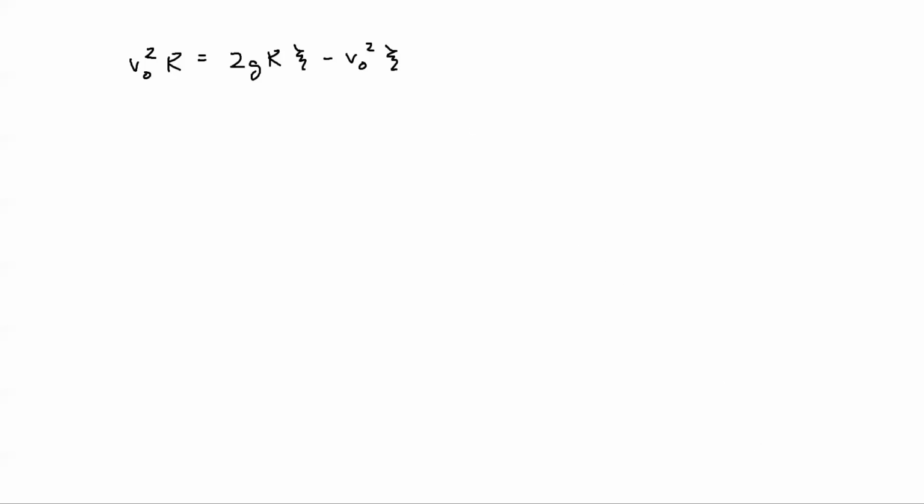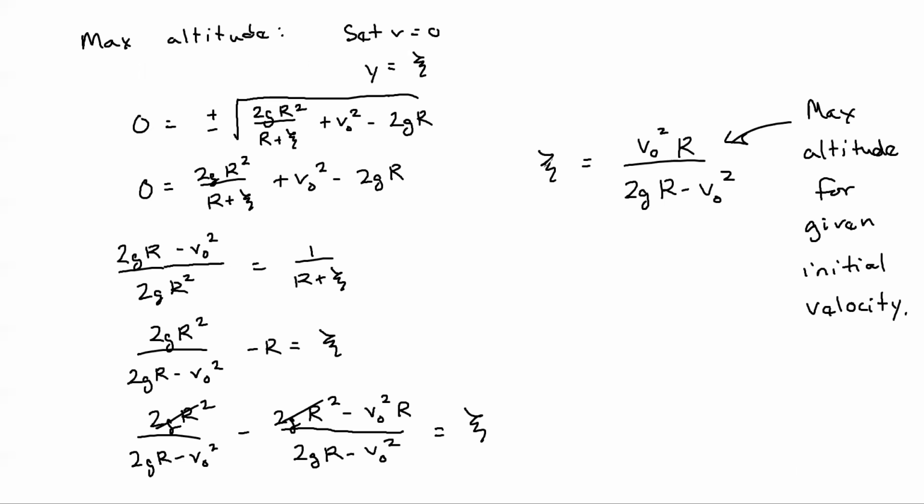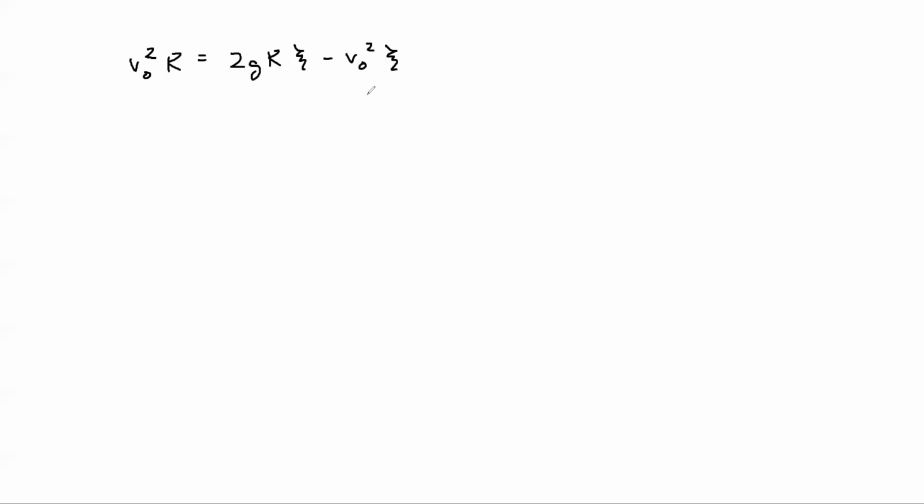Okay, so what I did there is I took this and I just multiplied it over to the other side, and that way you'll get 2gr xi minus v naught squared xi equals v naught squared r, and that's what we have there. And then at this point, you can get the v naughts on the same side, so you get v naught squared r plus v naught squared xi equals 2g r xi, and v naught squared times r plus xi.